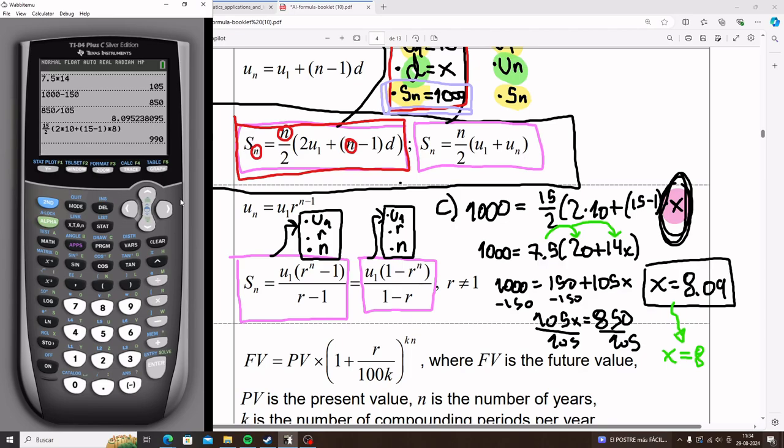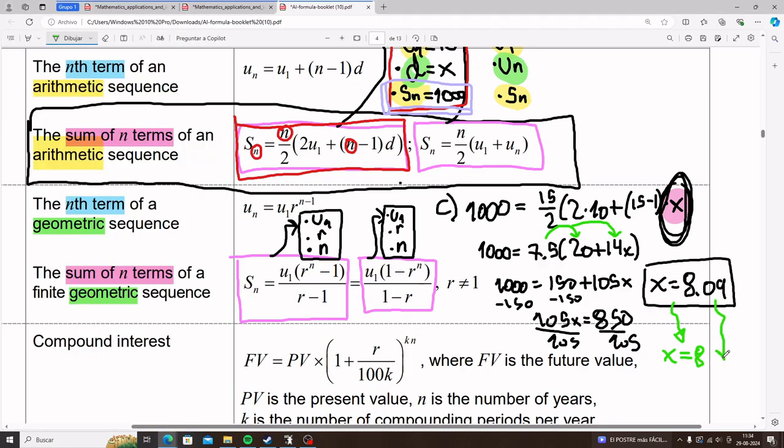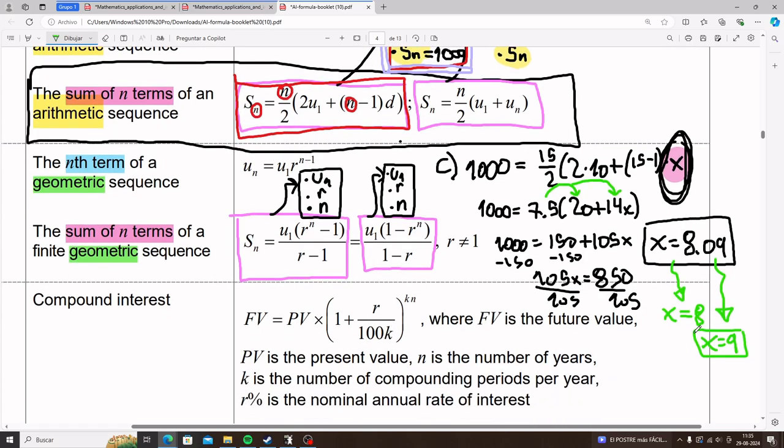And so the minimum integer value of 8.09, in order to still get at least 1,000, you have to round it actually up. So that's a little bit of a context trap, a pretty common thing that happens. That x gotta equal 9 in this case.